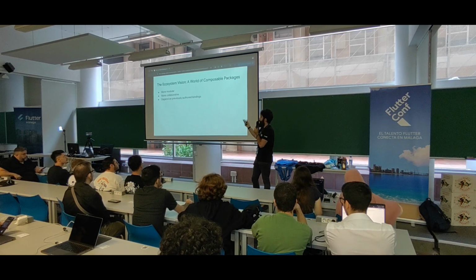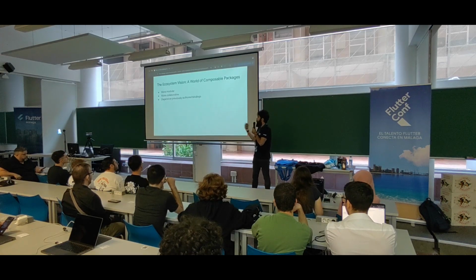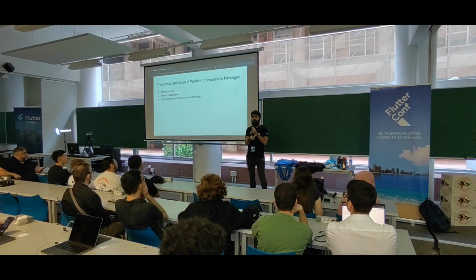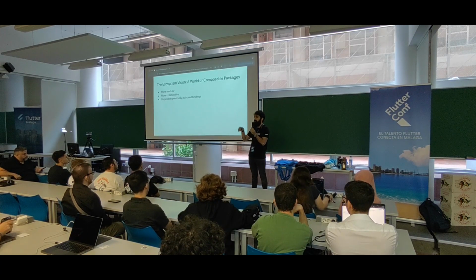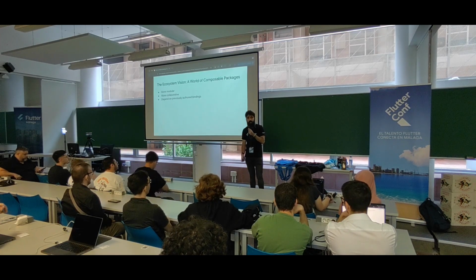But the vision I have for the ecosystem of Dart and Flutter is this. Let's make it more modular. Let's make it more collaborative. Let's have all these native bindings that we generate using FFIgen and JNIgen, maybe with a facade wrapped around them to make them more Darty, up on pub.dev. Let's just publish our work there.